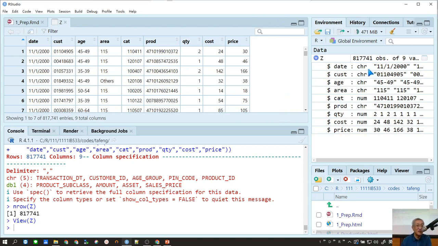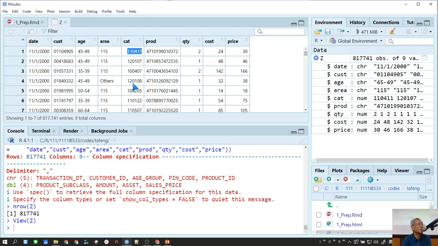So this customer, at this day, his age is between 45 and 49, and the area is actually the area code of that customer, okay?